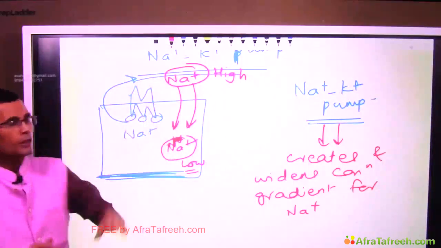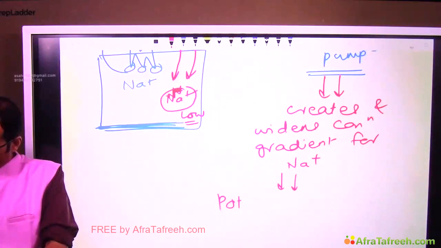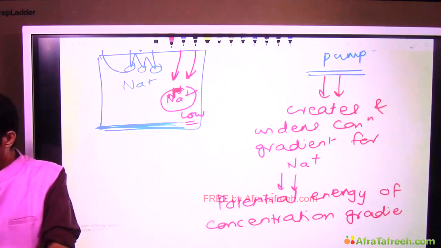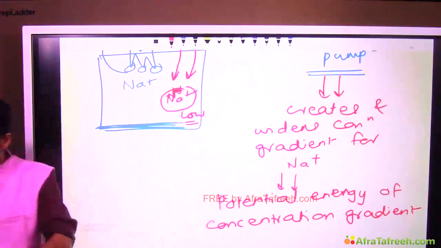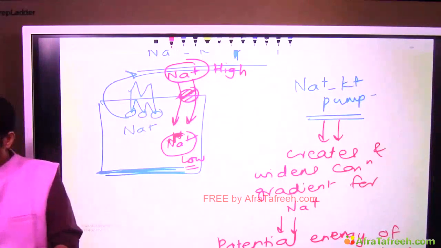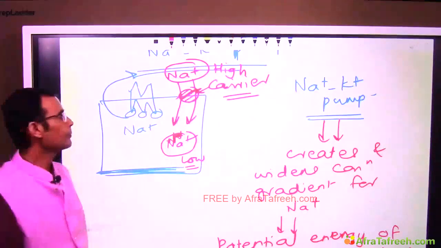Okay? The potential energy stored in the concentration gradient, that pull created by the concentration gradient, will be used by the carrier to carry two substances at a time.